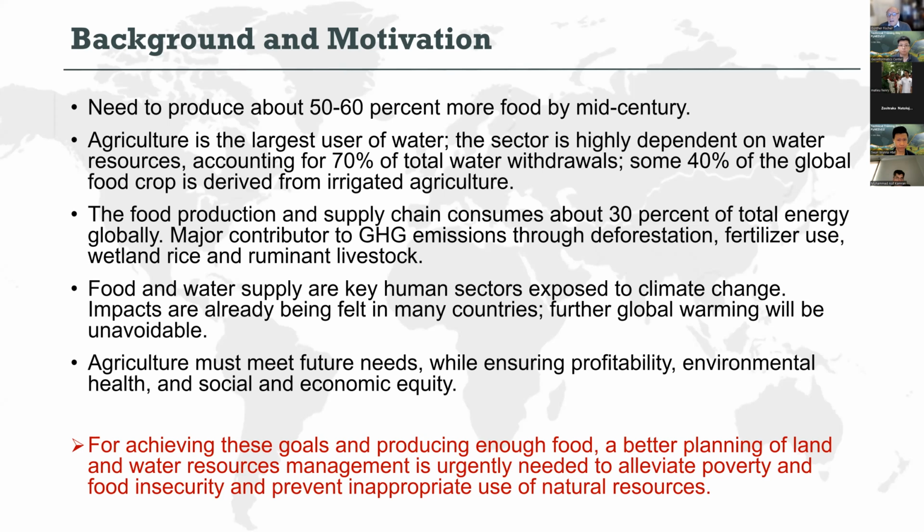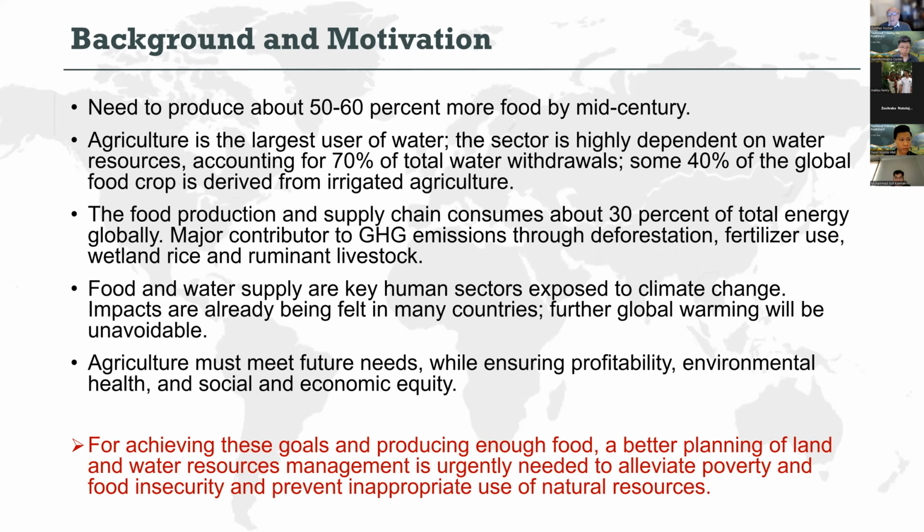Food and water supply are key human sectors exposed to climate change. So they are impacted, and impacts are already being felt in many countries. And we know from IPCC reports, further global warming, despite some efforts that have taken place and more efforts that are to come, will be unavoidable.